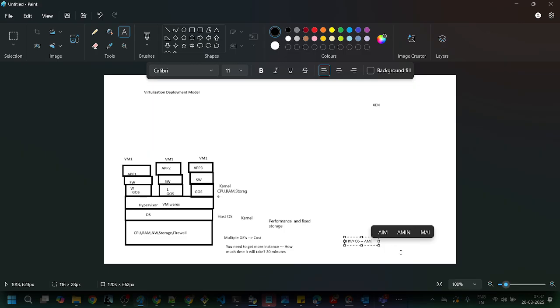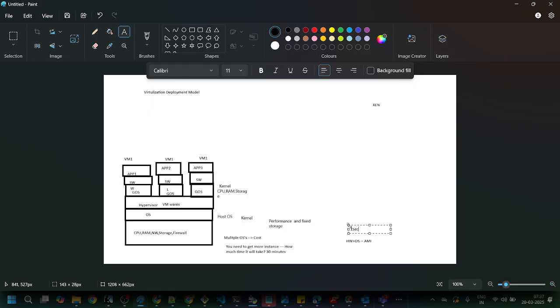OS also has some programs. So I don't want installing my OS to take more than 1 second. If you want to install your OS, it should be done in 1 second. I'm talking about 1 second, not 30 minutes, not 1 minute, not 2 seconds.